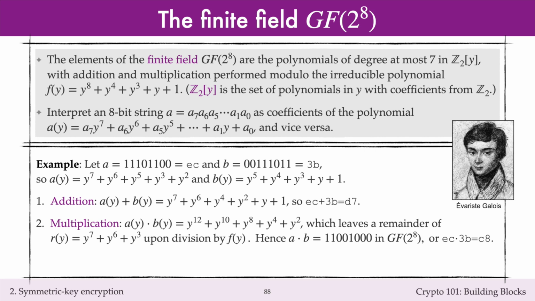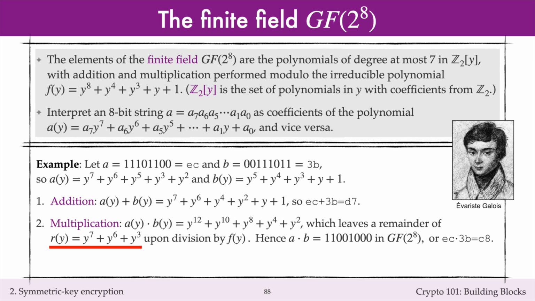Here's an example of multiplication. I can multiply the bytes A and B together by first multiplying the corresponding polynomials and then dividing by f(y) and taking the remainder. You should check that the polynomial product of a and b is this degree 12 polynomial. Then check that when this degree 12 polynomial is divided by f(y), the remainder is the polynomial y^7 + y^6 + y^3.